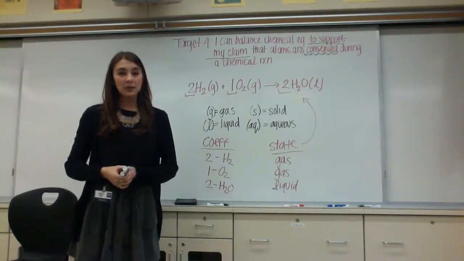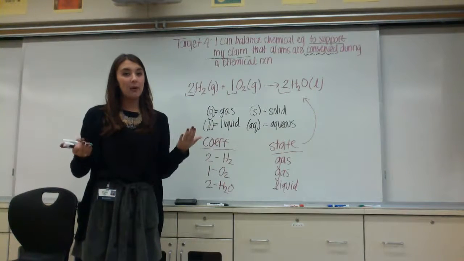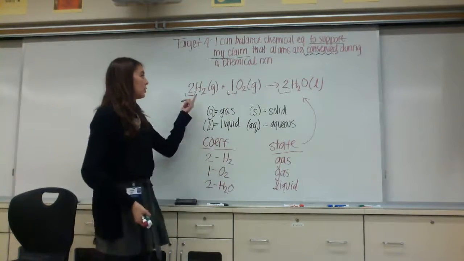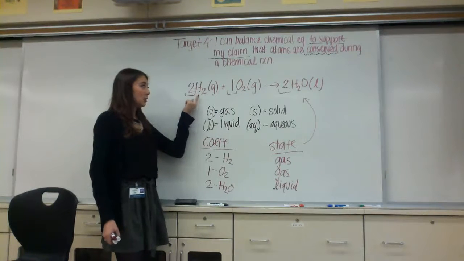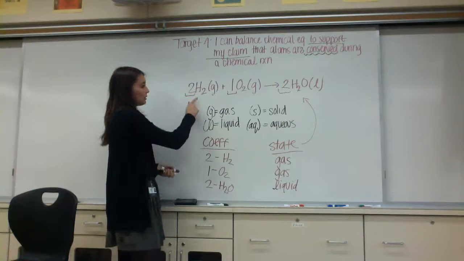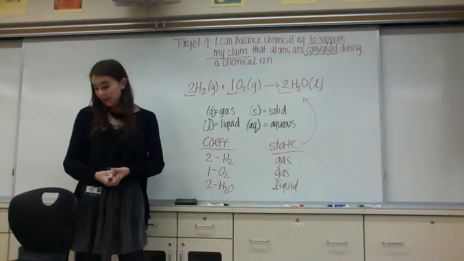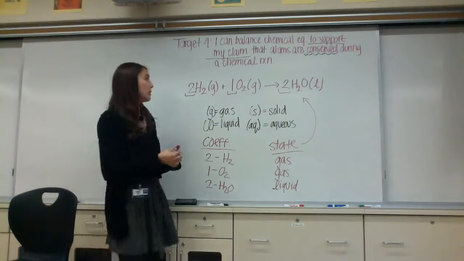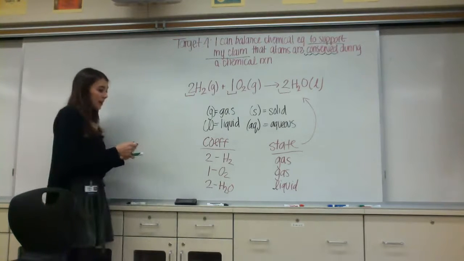When they say count your atoms, what they mean is pretty much count your elements. So, H is hydrogen, that's an element. You can have an atom of hydrogen, okay? So they say count your atoms. How many atoms of hydrogen do I have on my reactant side? Just on my reactant side.